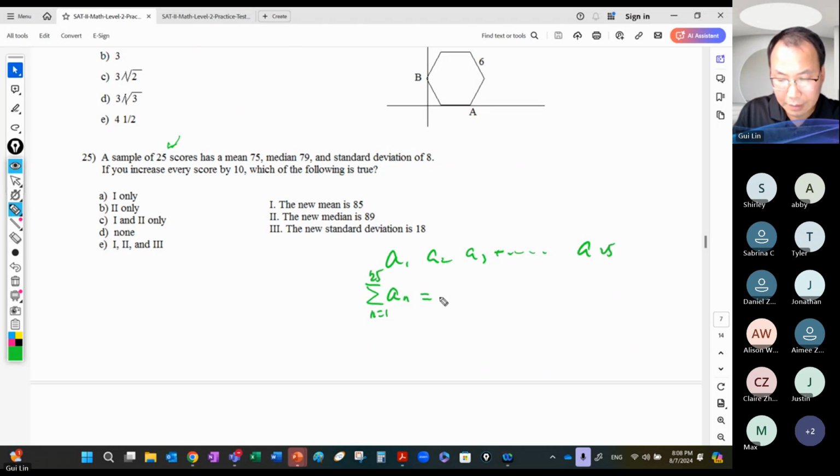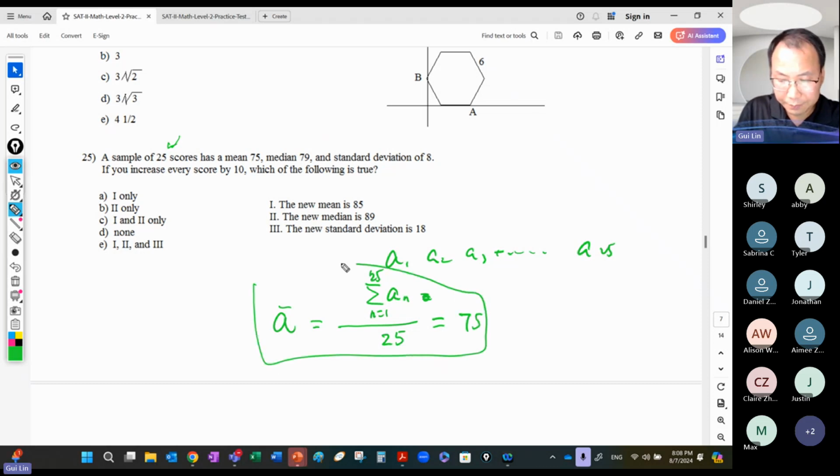Divided by 25 equals, this becomes the mean, the average. So it would be 75. Do you understand this one?